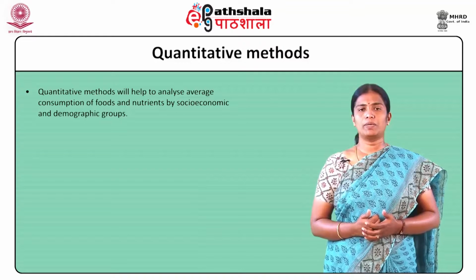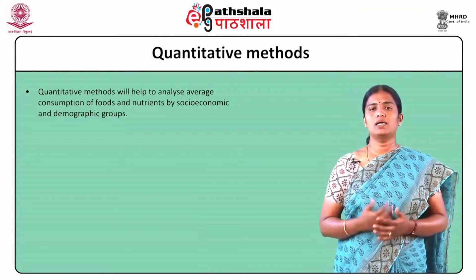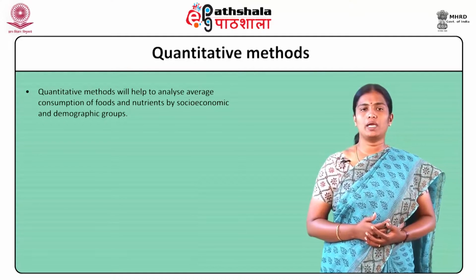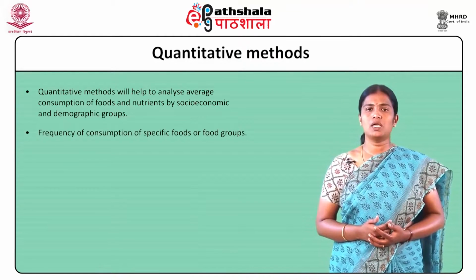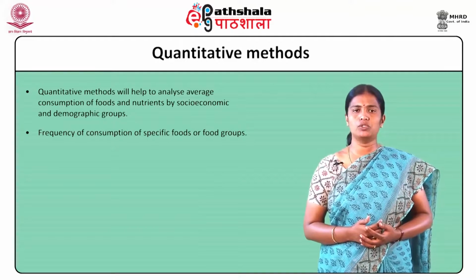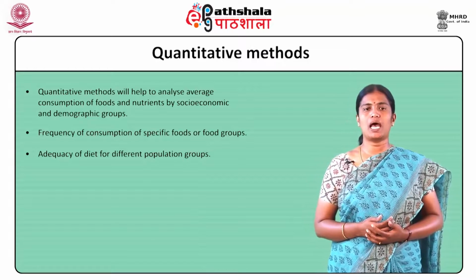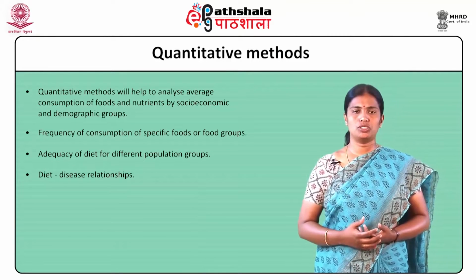Various methods are available to undertake this diet survey in different settings, and this is compiled as quantitative methods and qualitative methods. Now, let us learn about quantitative methods first. Quantitative methods will help to analyze the average consumption of foods and nutrients by socio-economic and demographic groups, frequency of consumption of specific foods or food groups, adequacy of diet for different population groups, and diet-disease relationships.